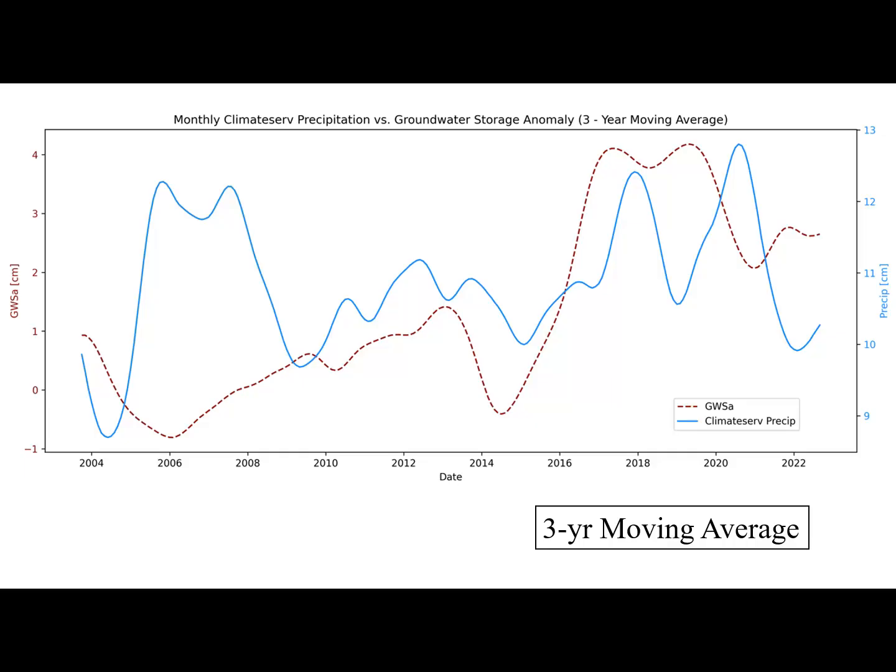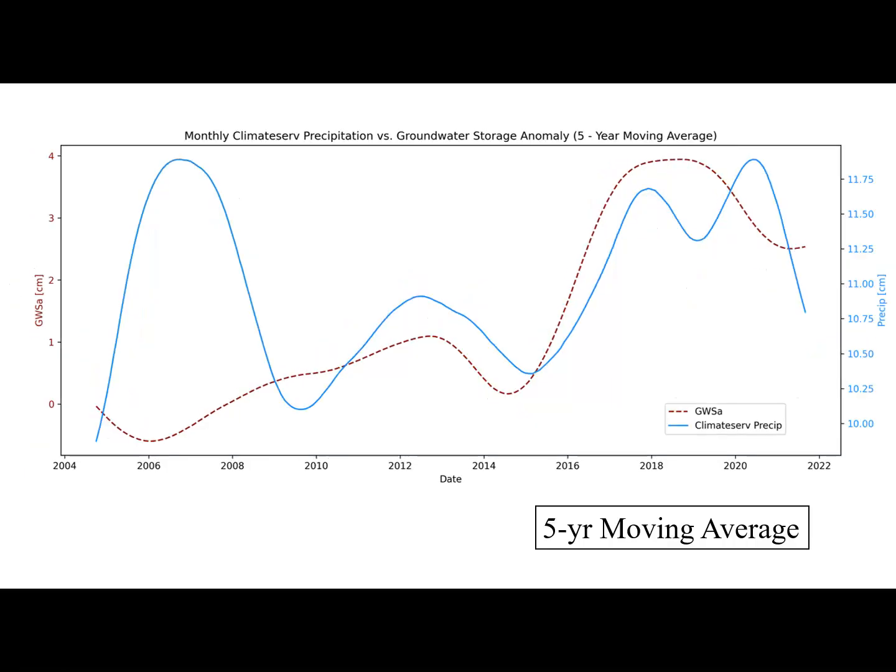So this is a 3-year moving average, and then this is a 5-year moving average of the data. So this I think is a little more helpful in looking at the correlations, and you can see that, as I mentioned earlier, there's a long-term increase in the groundwater storage especially over these latter years.